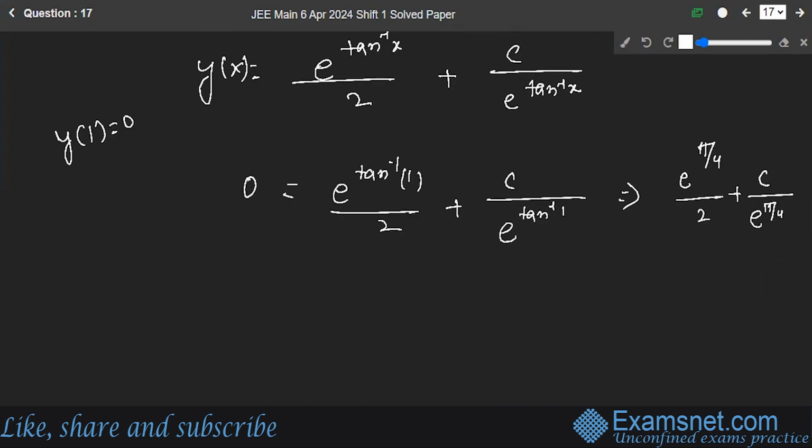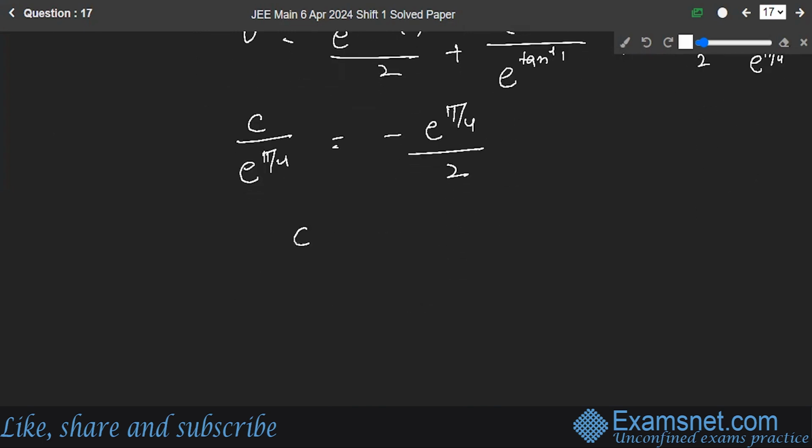That gives me c upon this is equal to minus this. Or you will get the value of c as minus e raised to power pi by 4 plus pi by 4 upon 2, because they are in multiplication, so the powers of the base will be added. Pi by 4 plus pi by 4 will give me pi by 2, upon 2.